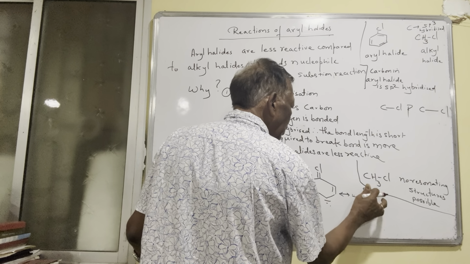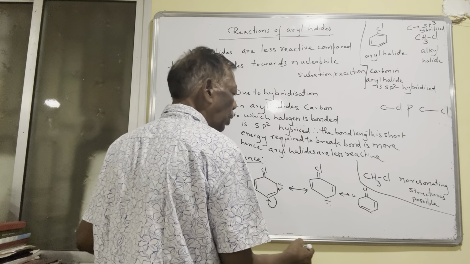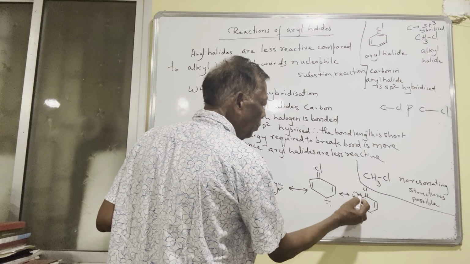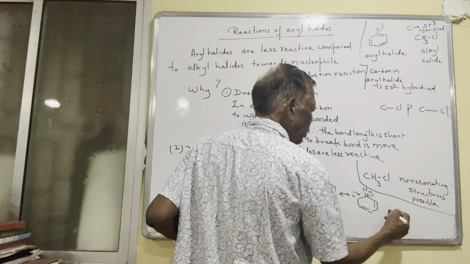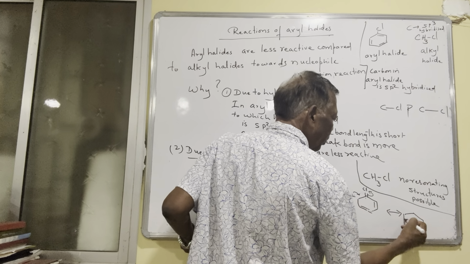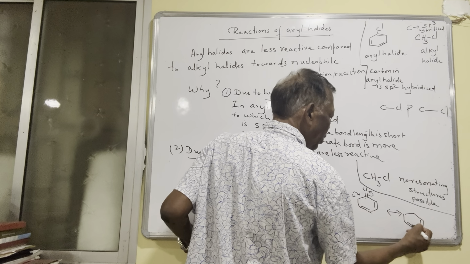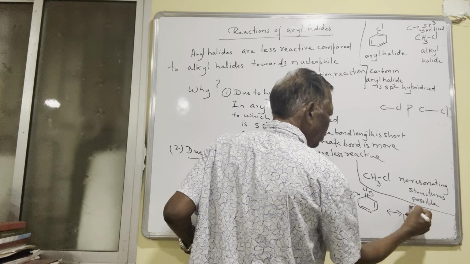Then this will come back to this, and you get your resonating structure: a double bond here, here, and here with chlorine, and of course this electron will be reactive.